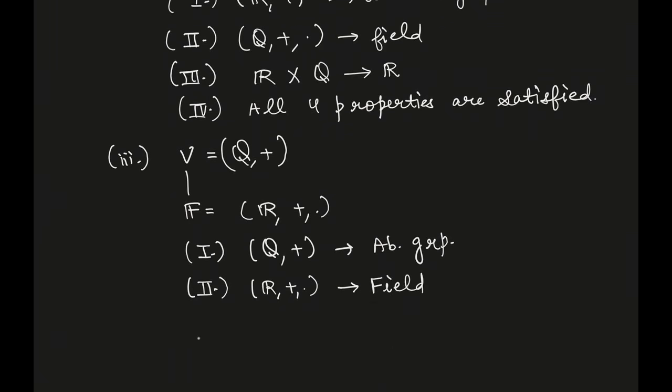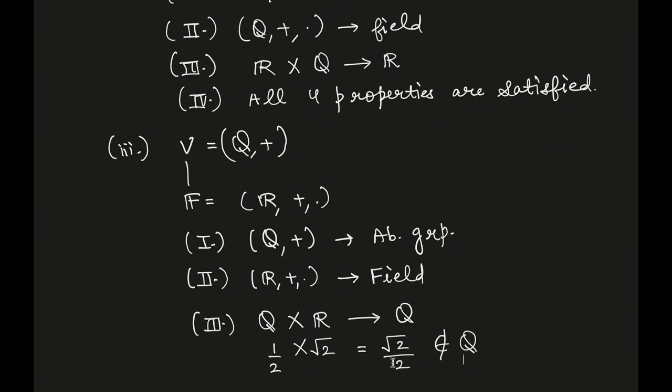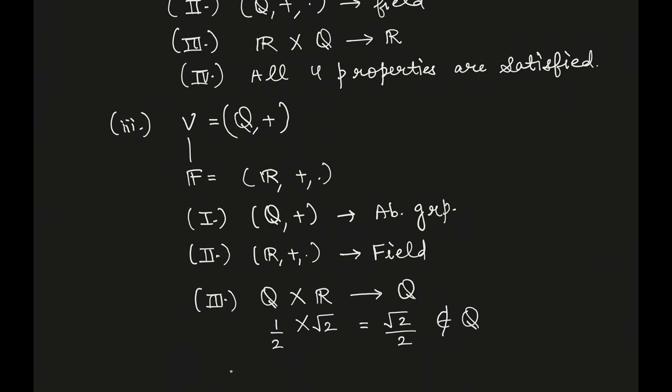Now third property, rational into real should go into rational. Is it possible? If I take any rational number, say 1 by 2, and any real number, root 2, which is also a real number, their product will be root 2 by 2. This is not a rational number. So third property is not satisfied. Therefore, Q over R is not a vector space.